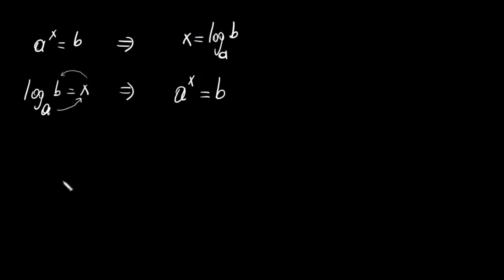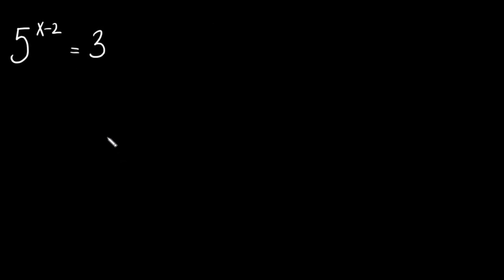So let's do a few examples. Let's say 5 to the power of x minus 2 is equal to 3. The exponent is x minus 2, so x minus 2 is equal to log base 5 of 3.